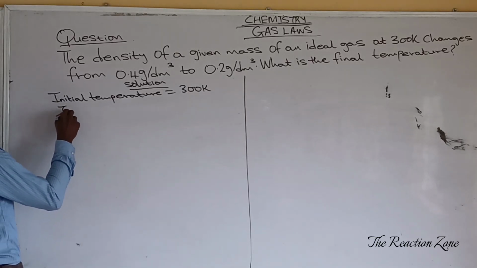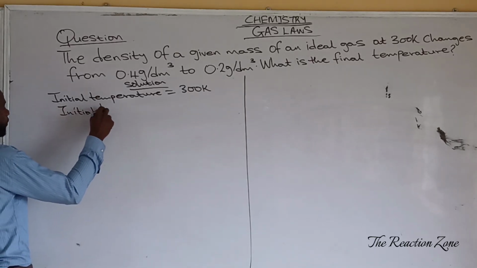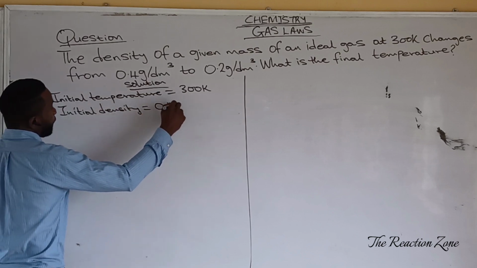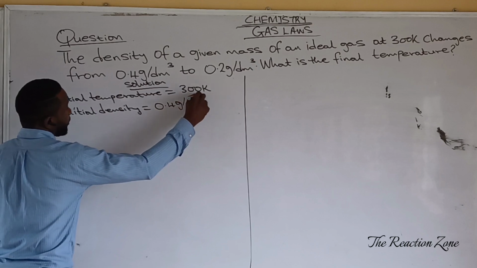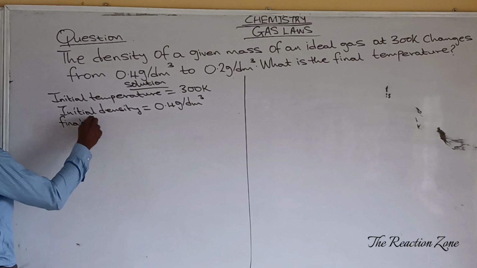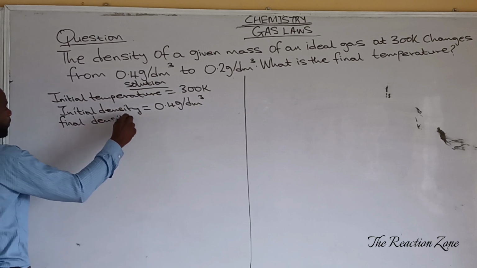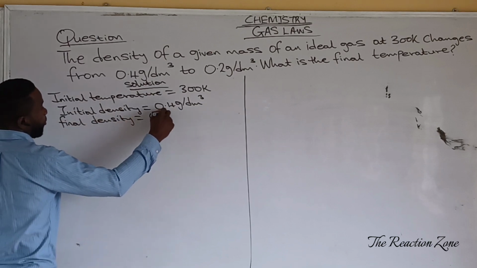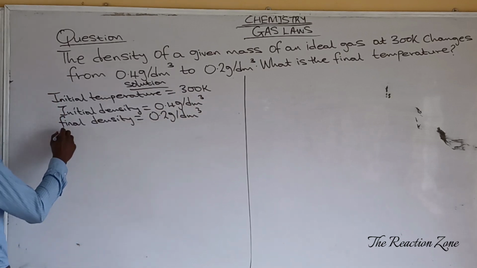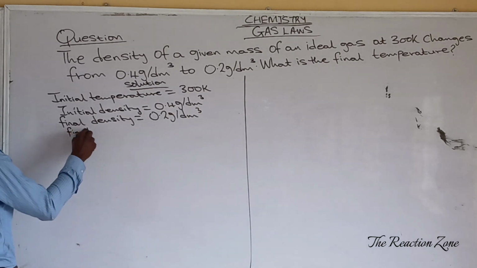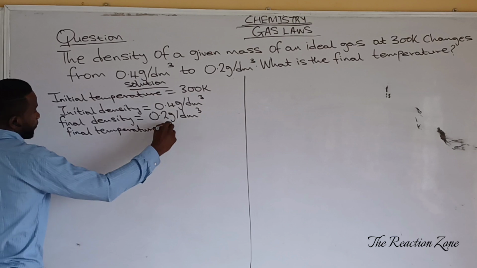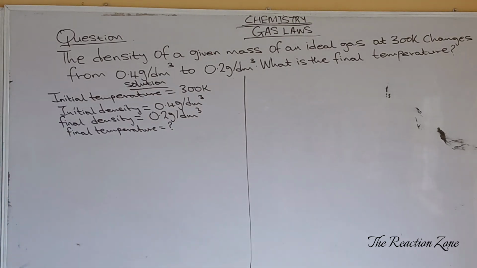And then we are given the initial density to be 0.4 grams per dm³. And then we're given the final density as 0.2 grams per dm³. And we're told to find the value of the final temperature, which we do not know.